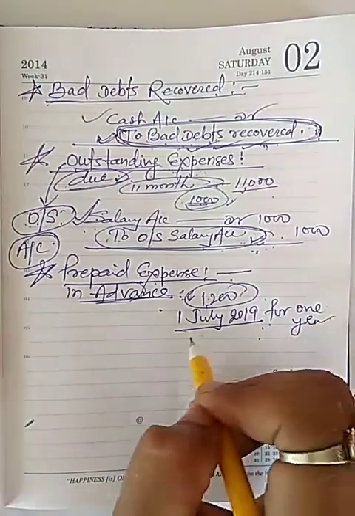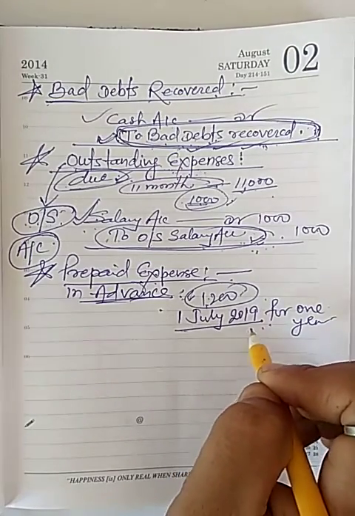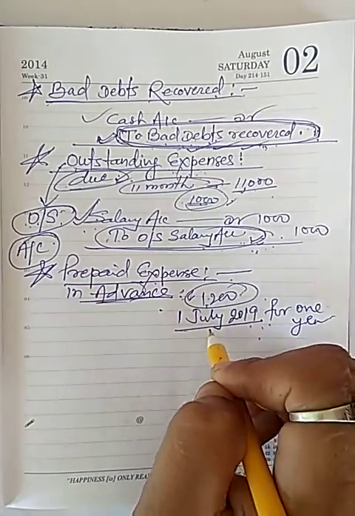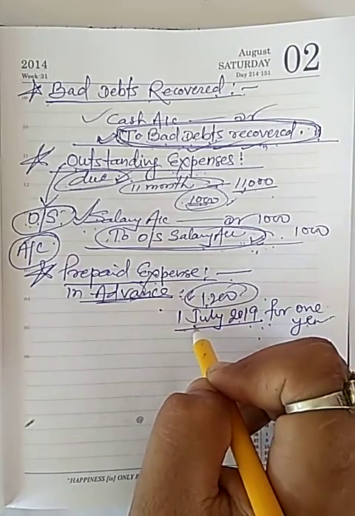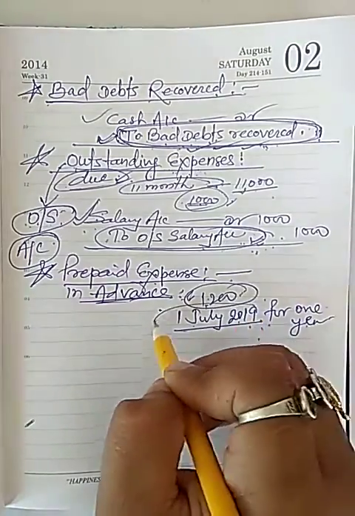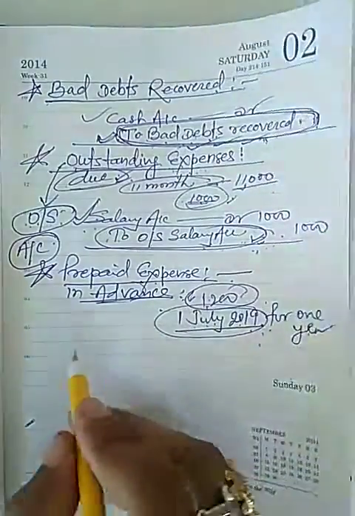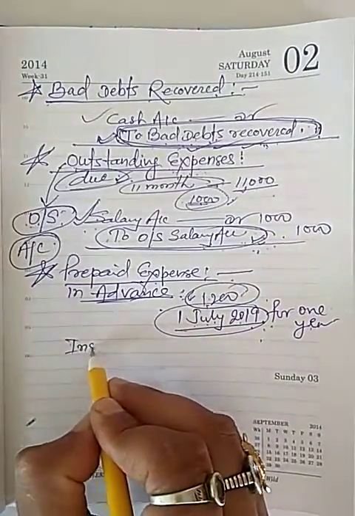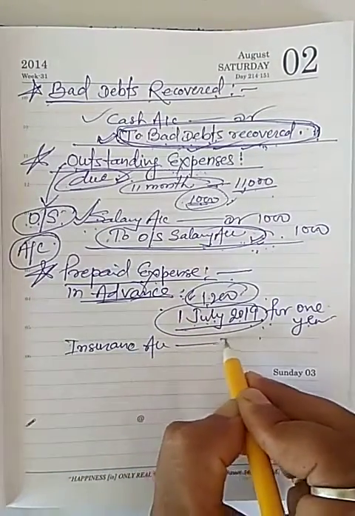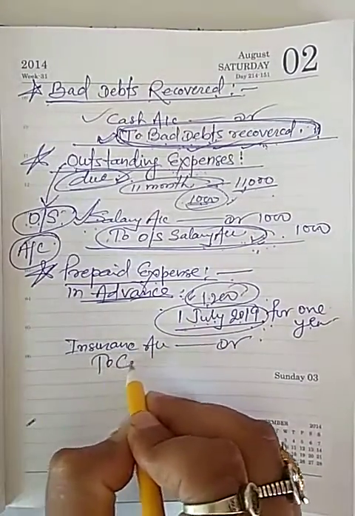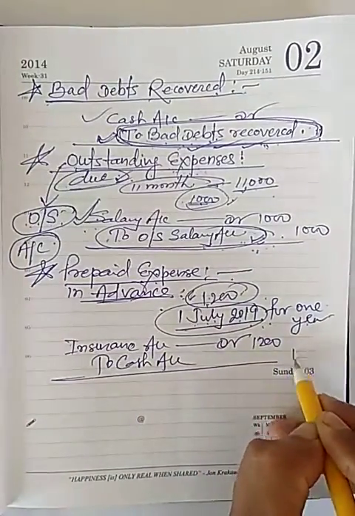Then the entry on 1st July 2019 will be made as under: insurance account DR to cash account, rupees 1,200.